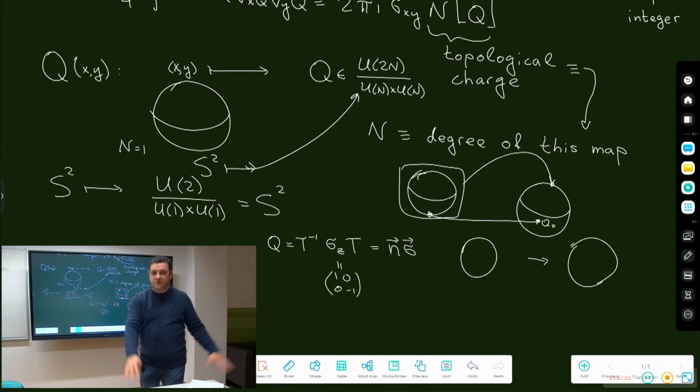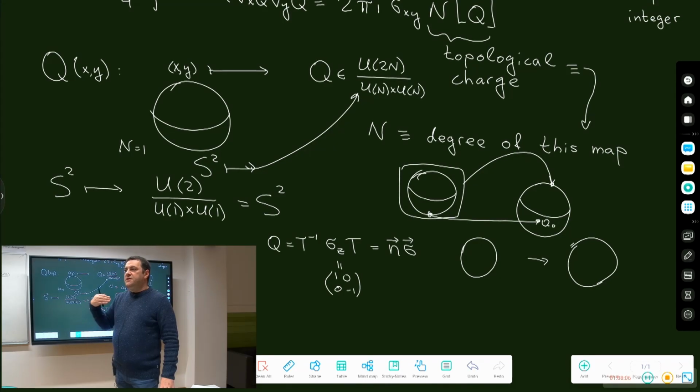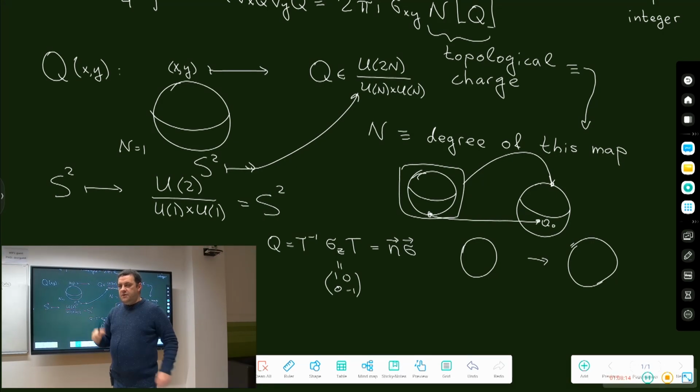And this makes my real space a sphere. If I identify all points of the boundary, I make from a plane a sphere. Why does it make sense to identify all the boundary at the same point? I'm just saying that if the boundary conditions are such that Q matrix is fixed at the boundary, fixed at one particular value. But do we have justification for that?